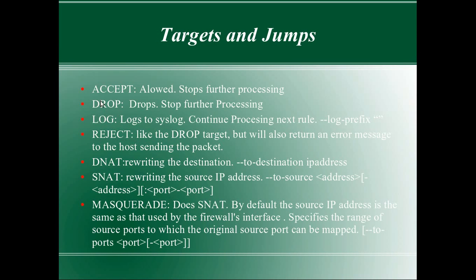Now, the difference between reject and drop is that in drop, the packet is simply dropped and the machine that is responsible for sending this packet is not notified. If we are talking about reject, it notifies the sender of the message that you are rejected for this packet, specifying the reason. It could be any error message that you specify.